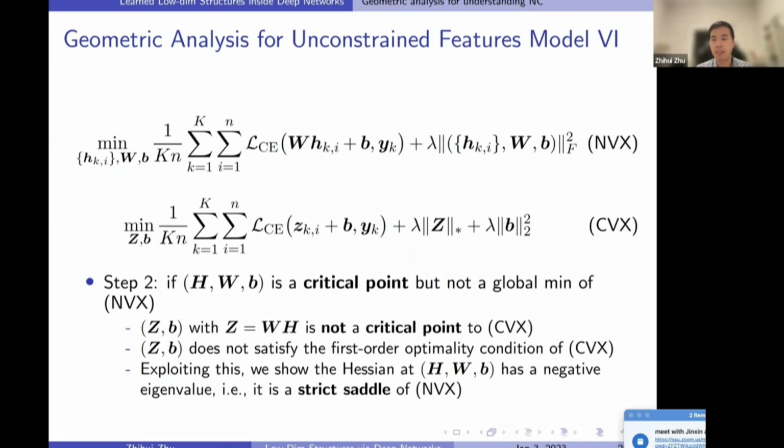If any point is not a global solution of a convex problem, it must not be a critical point, which means it does not satisfy the first order optimality conditions for the convex problem. By exploiting these properties, we can show that the Hessian of the original non-convex problem at this point indeed has a negative eigenvalue. Therefore, this point is a strict saddle.